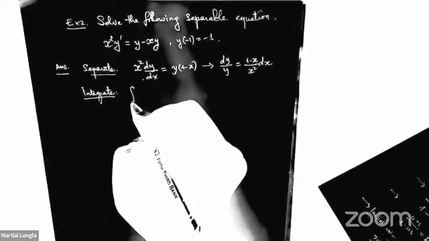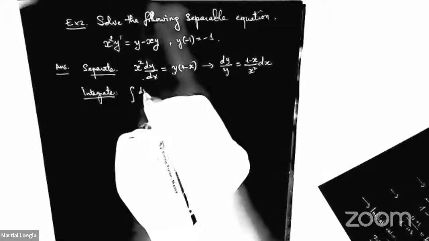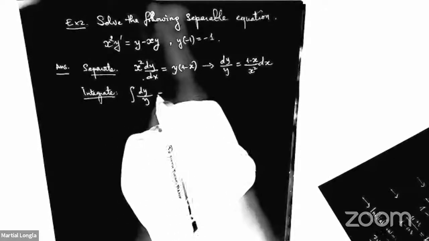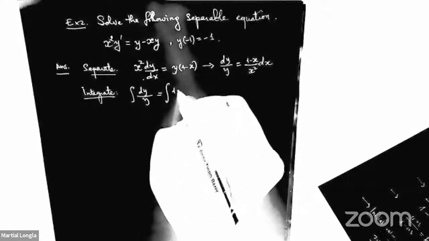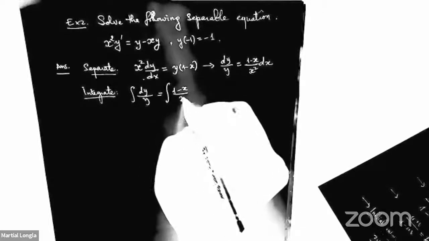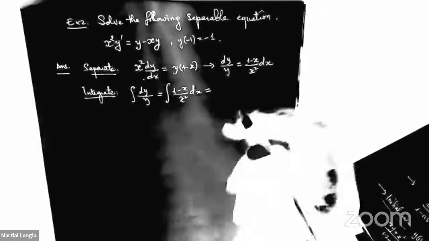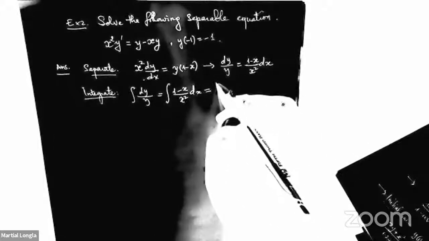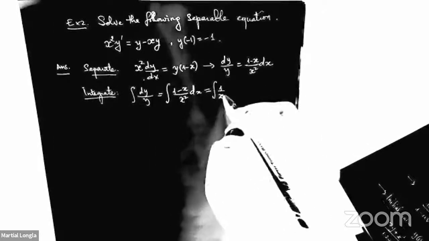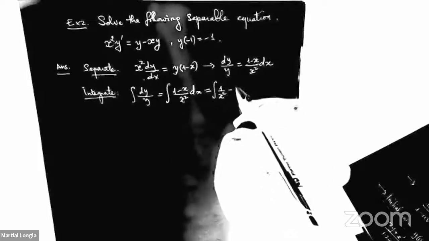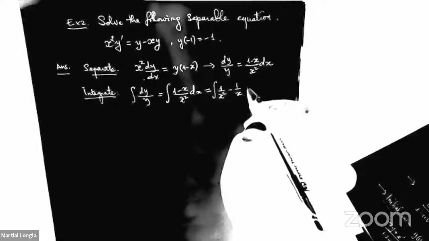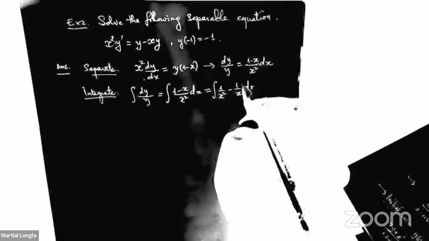That gives you integral dy over y equals integral 1 minus x over x squared dx. The good thing about this right-hand side, you can split. So that's integral 1 over x squared minus 1 over x dx.